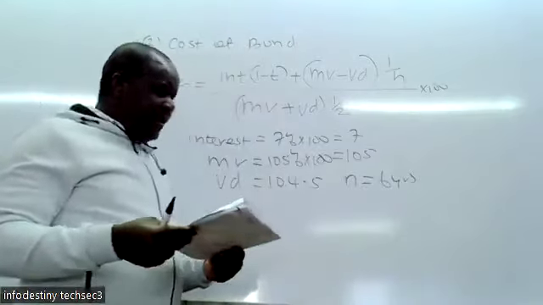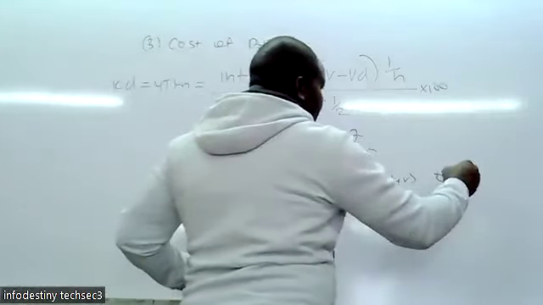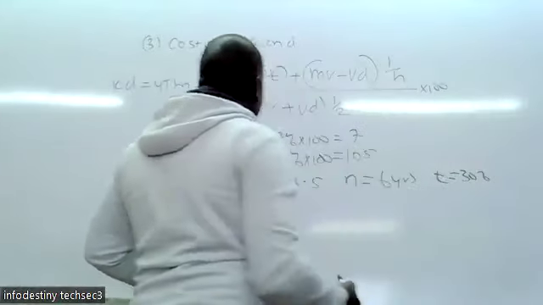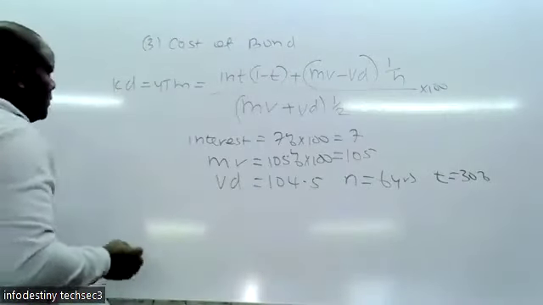Then the corporate tax rate was 30%. So from there you can get your yield to maturity.